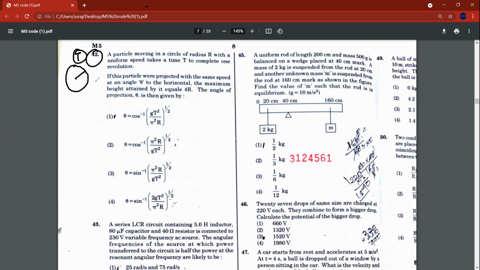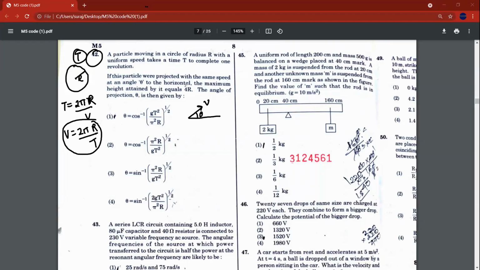Particle moves in a circle of radius r. So time period I can say 2 pi r by v. So v will be how much? 2 pi r by t. So velocity I got. If the particle is projected with the same speed, so velocity is nothing but 2 pi r by t with the theta with the horizontal.